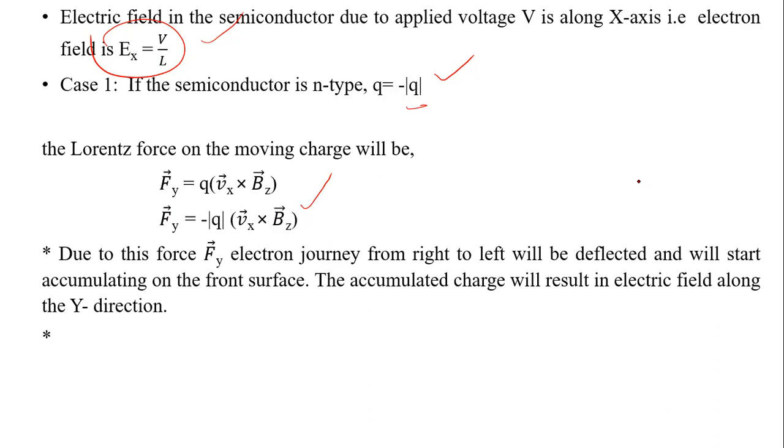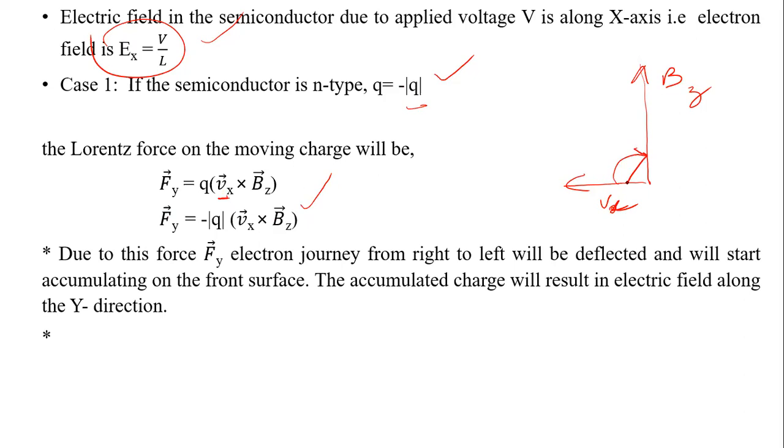Your velocity of motion is along the x-axis, and you have a magnetic field along this direction. If you take a cross product in your Lorentz force, the v vector is the first vector, so considering v as the first vector, you have to take the rotation along this.